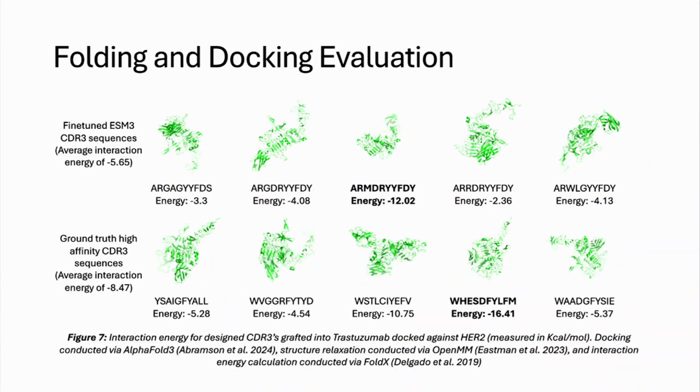And next, for the structural evaluation, we folded our sequences using AlphaFold 3, relaxed the model, and computed the interaction energy. The sequences on the top are the ones that we selected from the fine-tuned model, using AntiBERTy to find the top 5 most plausible sequences, and the bottom sequences are the sequences from our training set.